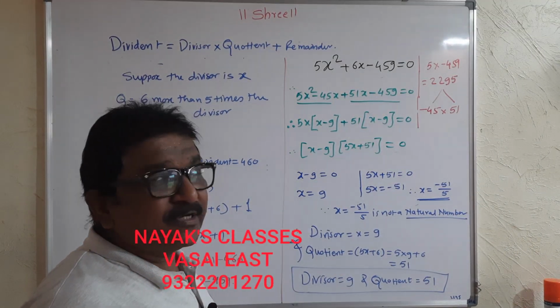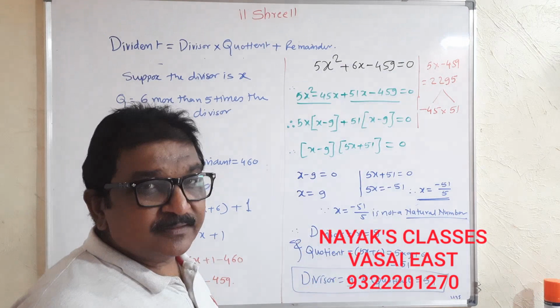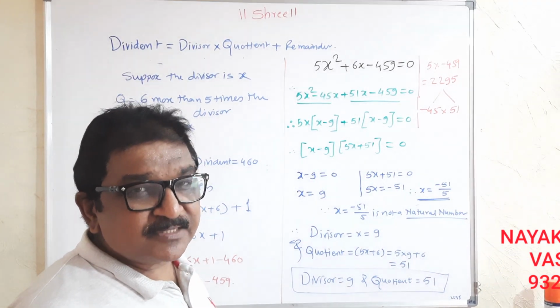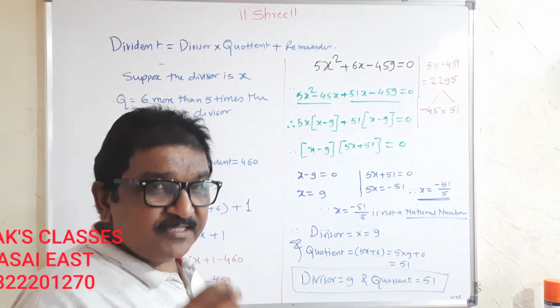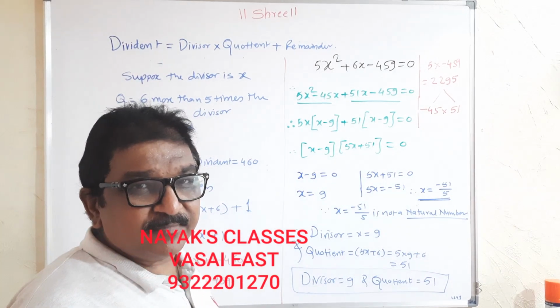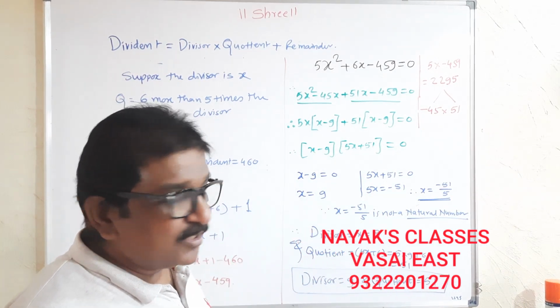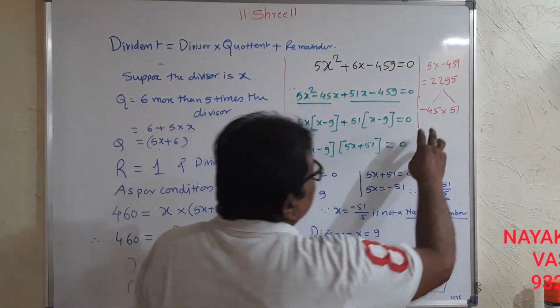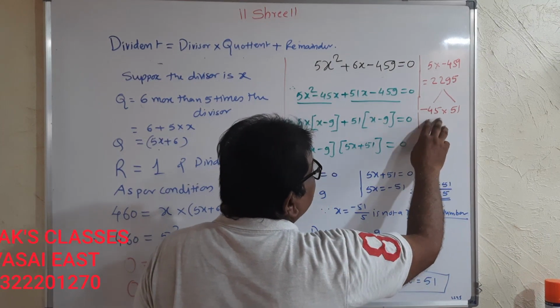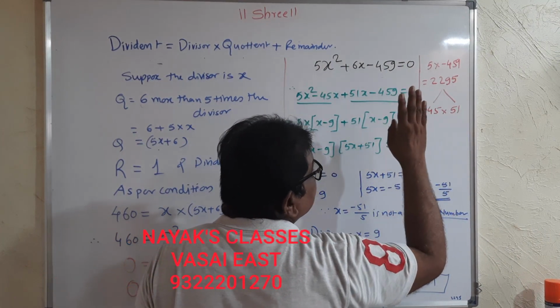So I got 45 into 51. It is a fixed number of something. So if you adjust the first and second number, you will get the main product. So 45 into 50 I had done, 45 into 51 I got.